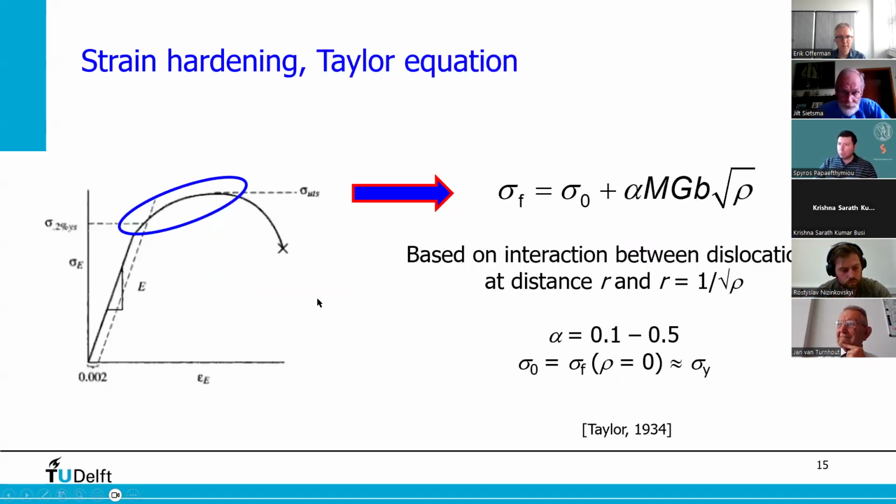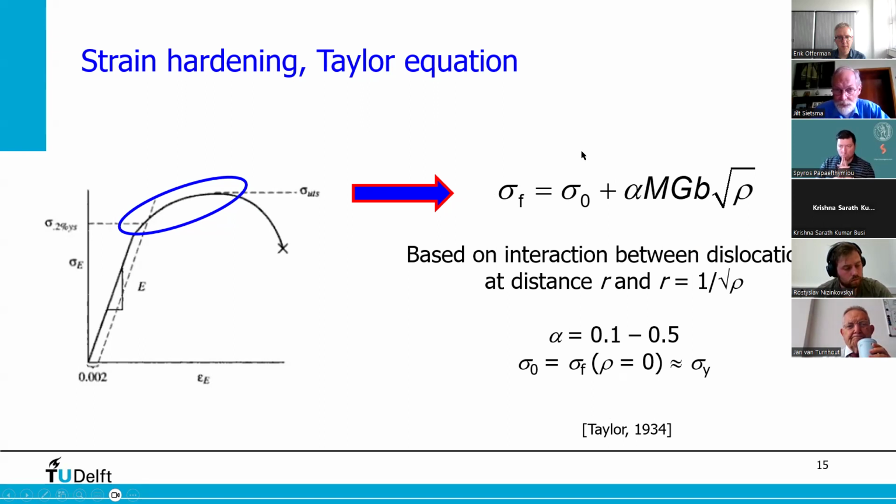Another way, and then we come closer to the tensile curve: tensile curves are sometimes linked to dislocation density. It's the so-called Taylor equation, this equation here, which is well accepted and has been shown to be quite reasonable very often. But then you have to choose a few parameters. If you know the dislocation density, you can link it to the flow stress, the stress needed to plastically deform the material.